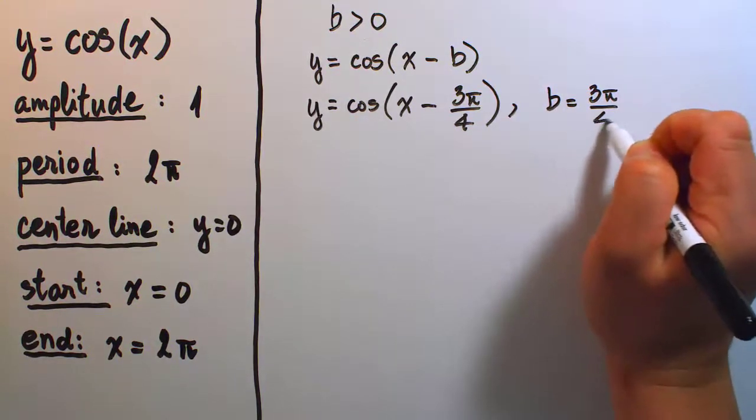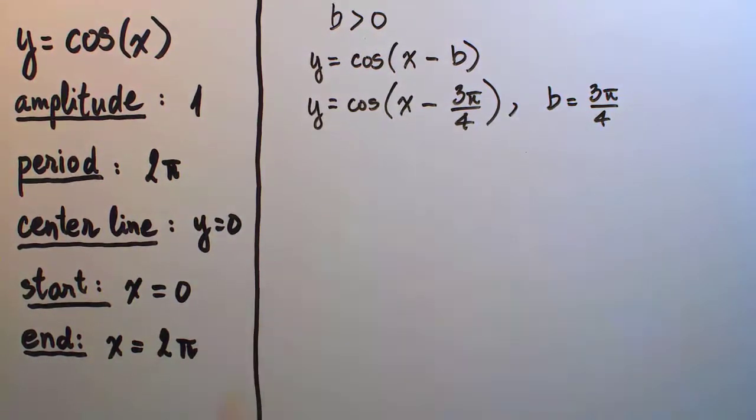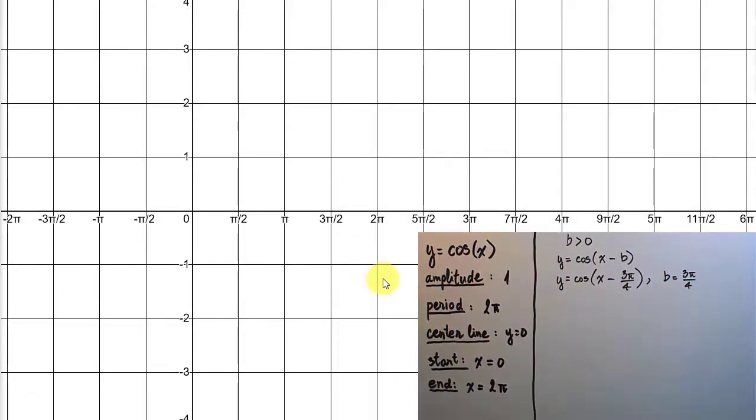That's something to note about this expression inside of our cosine function. And once again, back on my graphing board here with Desmos, cosine of x is here, once again permanently in red color throughout any of our video demonstrations. And here it is, the graph of cosine of x minus 3 pi over 4.